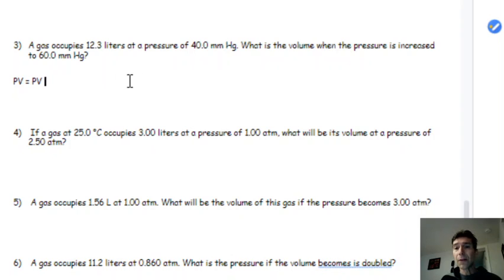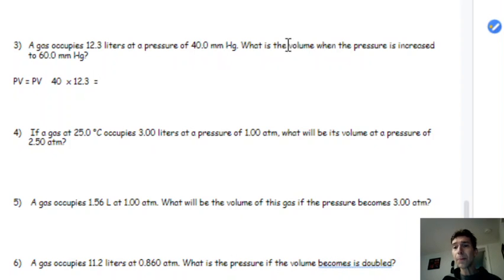So let's look at the equation. You got 12.3 liters. Well, that's a V, so I'm going to skip over that. And then you got 40 millimeters of mercury. Well, that's your P, so let's just put that 40 in there. That's your first P. And we have a V, so let's take that 12.3 and put that in there. And that's your first PV. And it's set equal to the second PV.